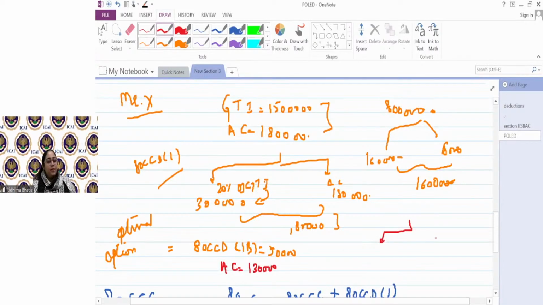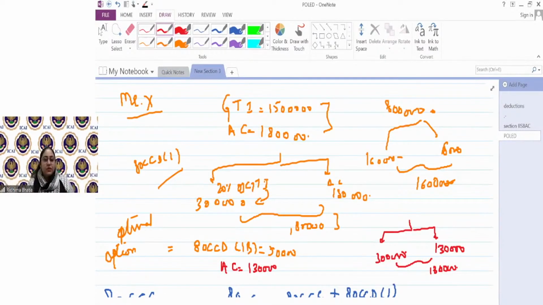Now this 130 is compared with 20% of gross total income, which is 3 lakhs, and 130 comes. Now this 130 would be eligible for deduction, and if any deduction is there under 80C, combined it would be eligible for 1,50,000. So what happened is I am able to claim 50,000 here and 130 here.